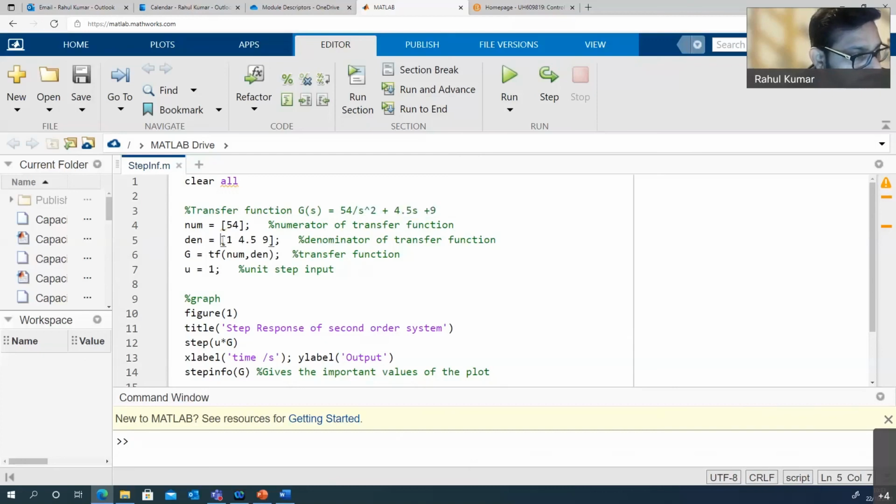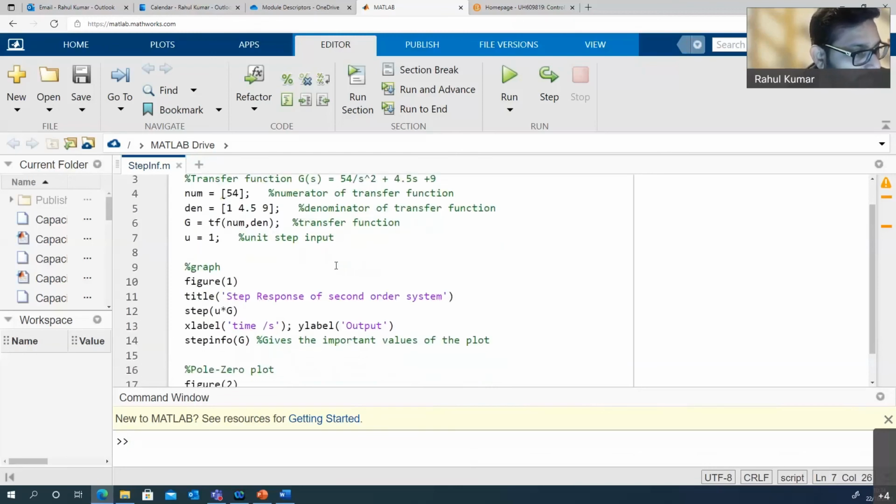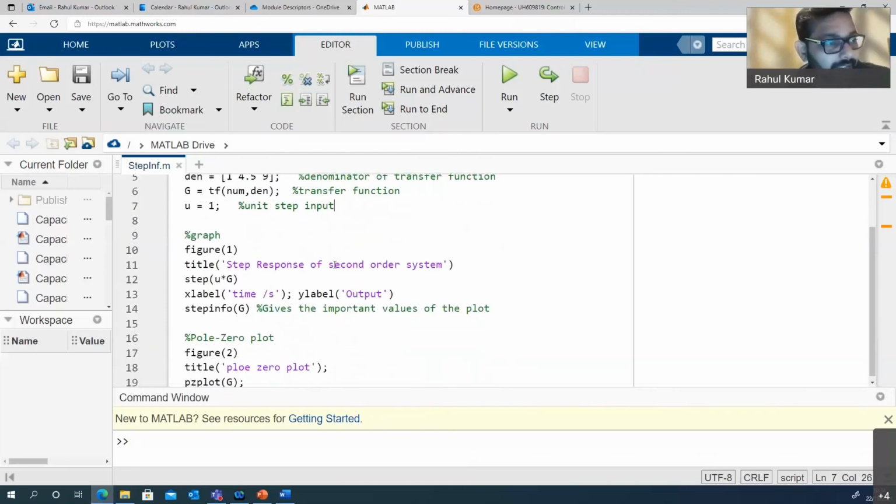I've written it within square brackets as 1 space 4.5 space 9. And then using this function tf, within small brackets, if I write numerator, comma, denominator, it will automatically generate the transfer function of my system.